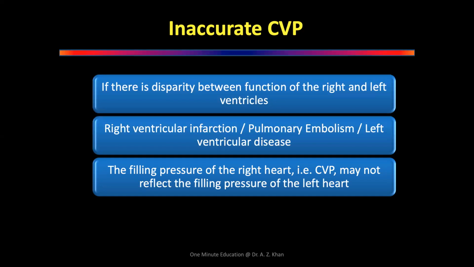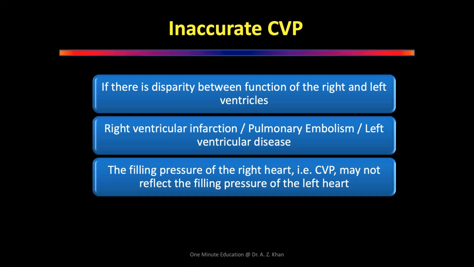The problem is, for right atrial pressure to represent the left atrial pressure, the pulmonary circuit has to be normal. You are assuming that because it's a low pressure circuit, if the pulmonary circuit is normal, then the right atrial pressure represents the left atrial pressure.